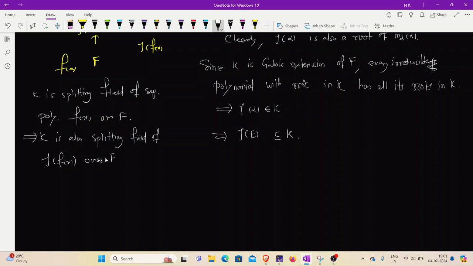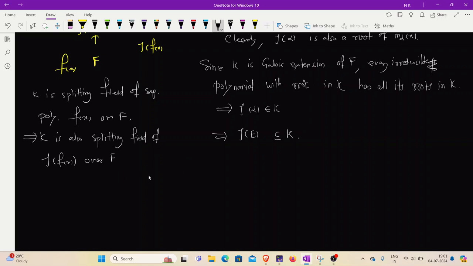So we will have two splitting fields because, as I told you, tau fixes F, so K will also be a splitting field of tau of f(x). So we can extend tau to sigma because we have two splitting fields, K and K. Splitting fields are isomorphic, right? So sigma is an automorphism of K.